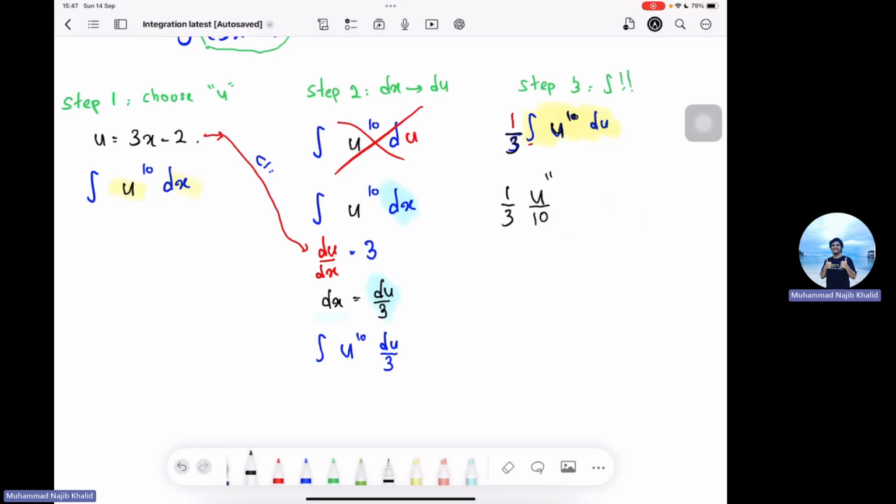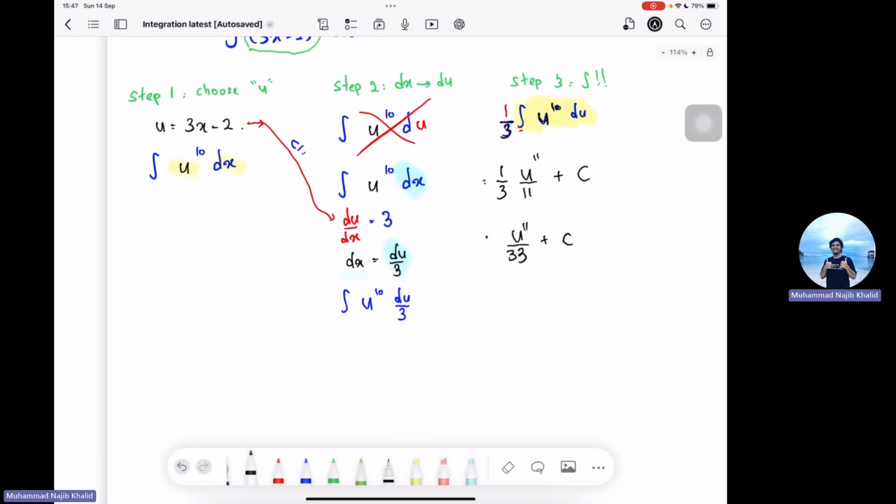Why? Because 10 plus 1 is 11. And don't forget to put the integration constant, plus c. We can multiply the constants 3 and 11, and it becomes u to the 11 divided by 33 plus c.